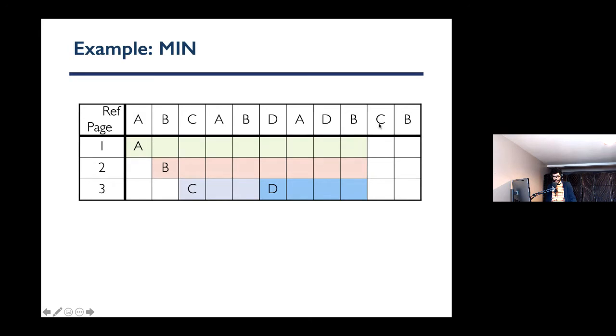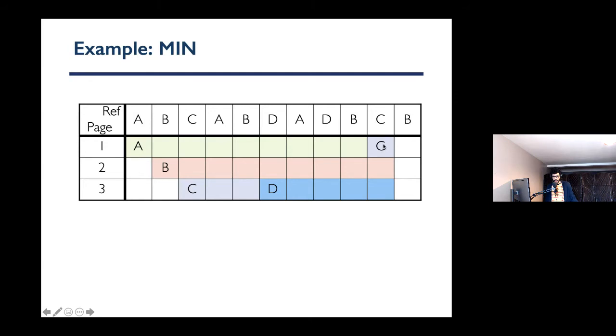Now C has to come. We have to pick between evicting A, B, and D. There is not much information here because we don't have the sequences in the future. But as long as we know B is going to be referenced right after, so between D and A, you can pick one because we don't have any information.